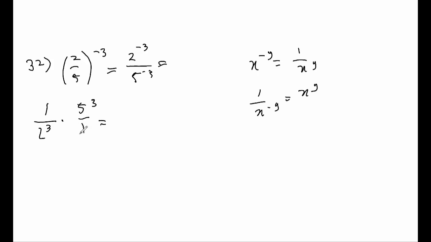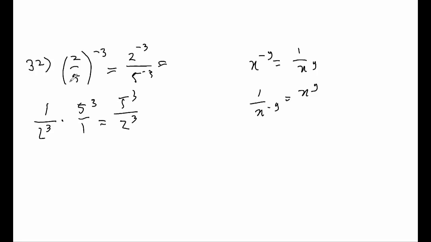And I'll just put a 1 as a place mark to show you exactly what's going on. And then I'm going to do 1 times 5 to the 3rd. So I have 5 to the 3rd, and then 2 to the 3rd times 1, and then I get 2 to the 3rd. But if you notice, it's really the same thing as flipping over the stuff inside the bracket and then making that positive.